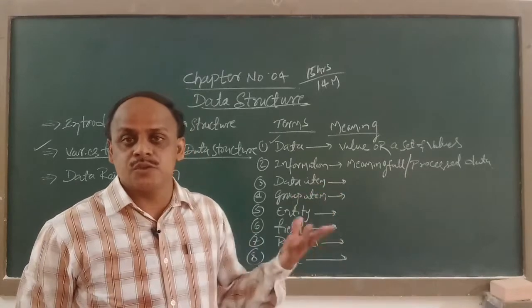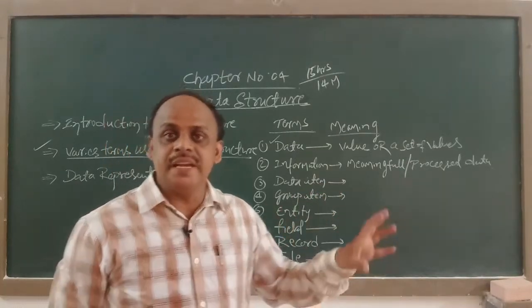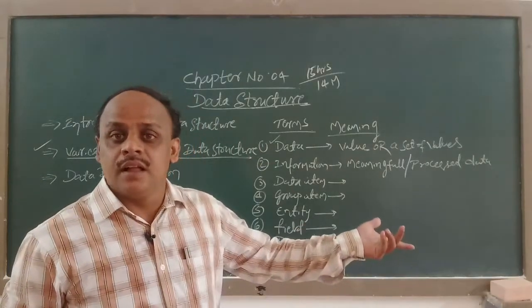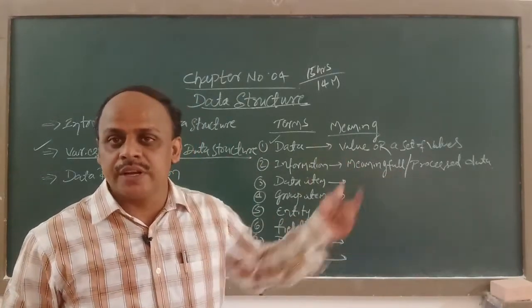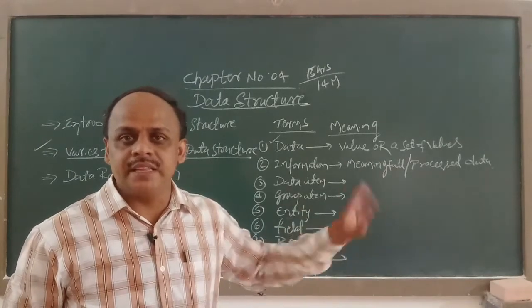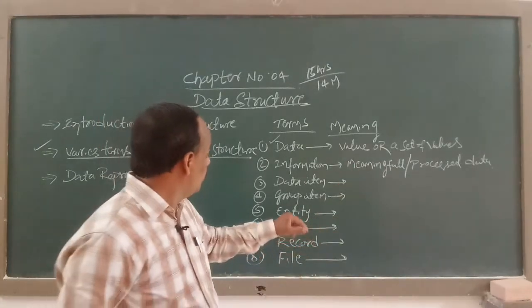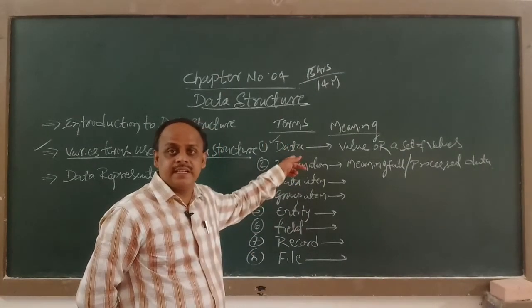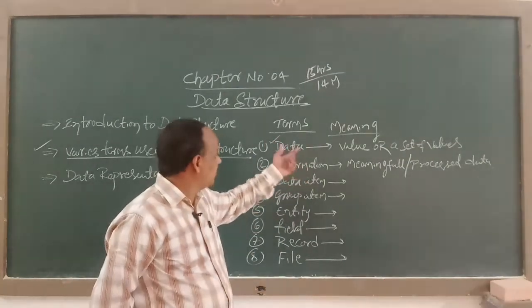We don't know what 25 is, whether it is simply a number, or the roll number of a student, or just the pocket money present right now. It may be anything. So an indefinite value, an indefinite thing, is called data.